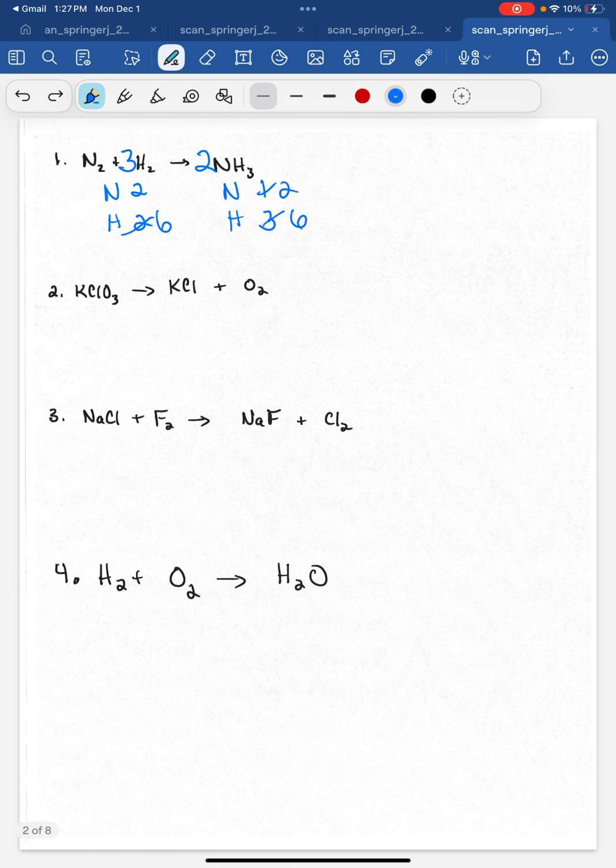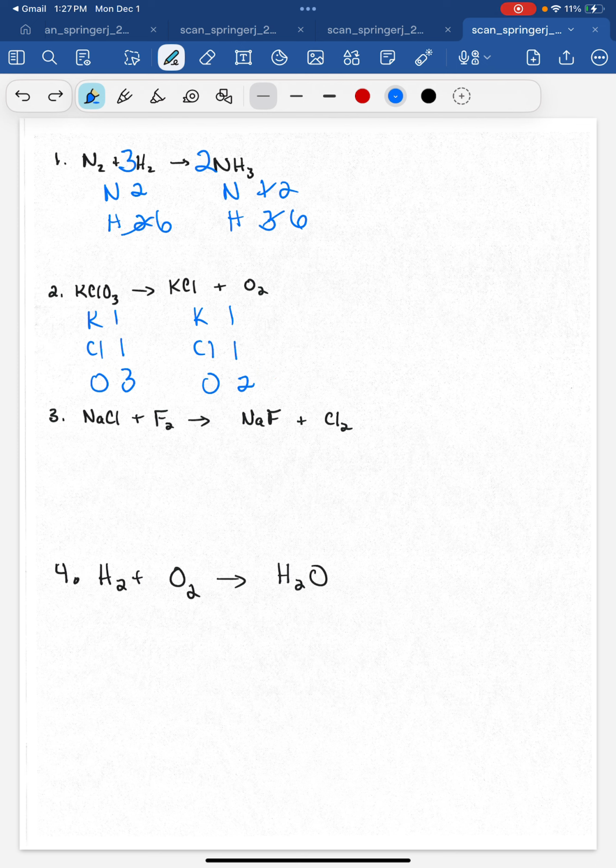All right, number 2. I have K, Cl, and O on each side. I've got 1 K, 1 Cl, 3 O's, 1 and 2 on this side. So the only thing really out of whack is the O, but as you might imagine, there's no way I can make this O to be an odd number like 3 or anything like that.